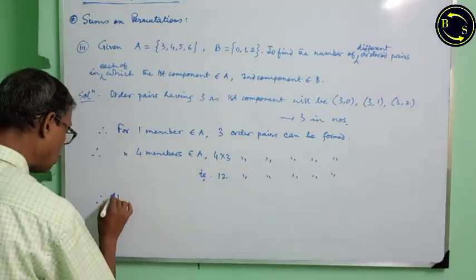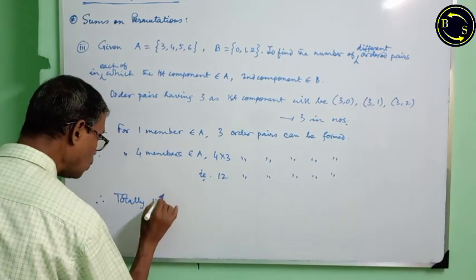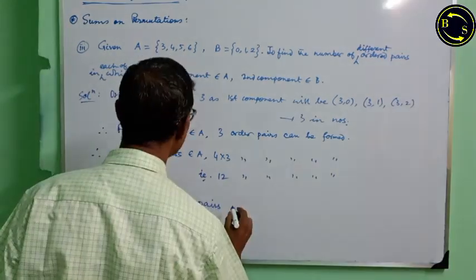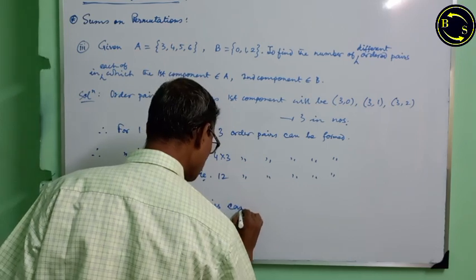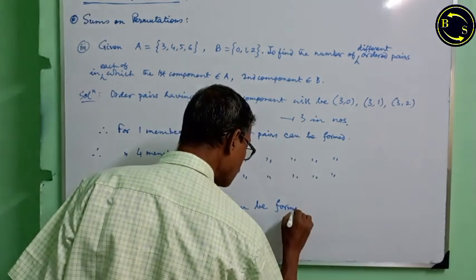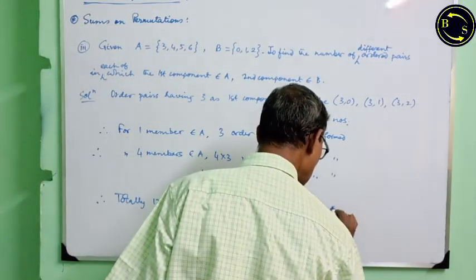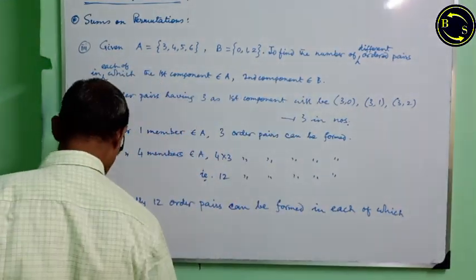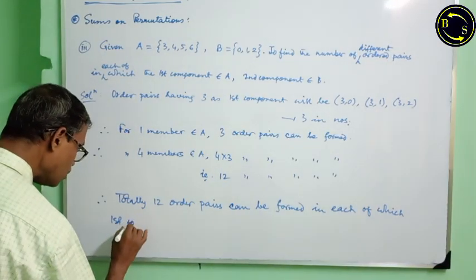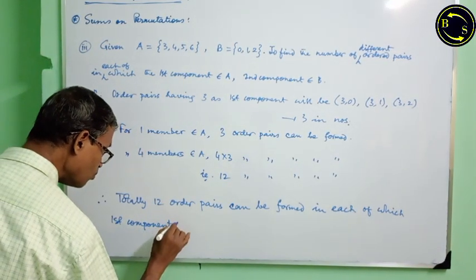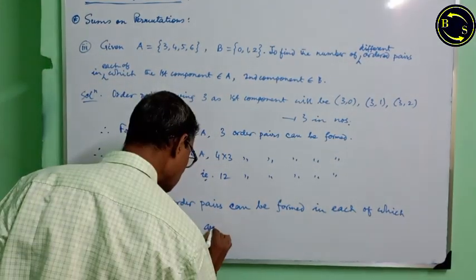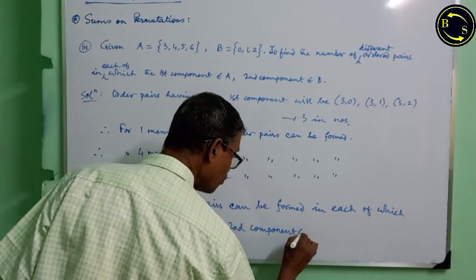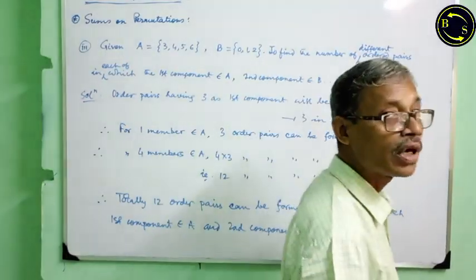Therefore, totally 12 ordered pairs, in each of which the first component belongs to set A and the second component belongs to set B. Try to understand.